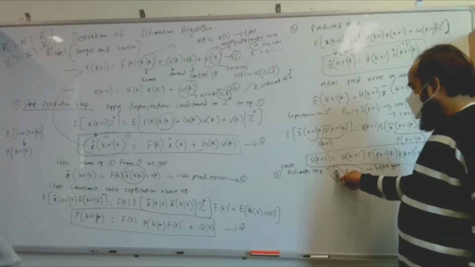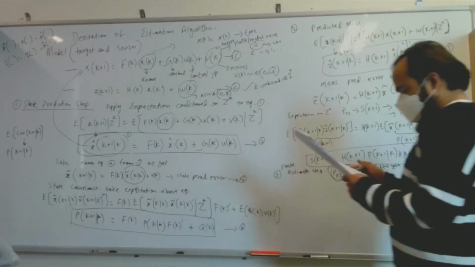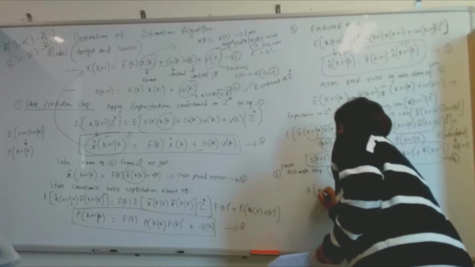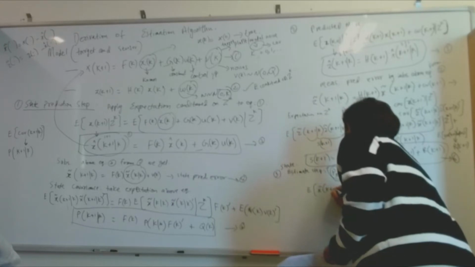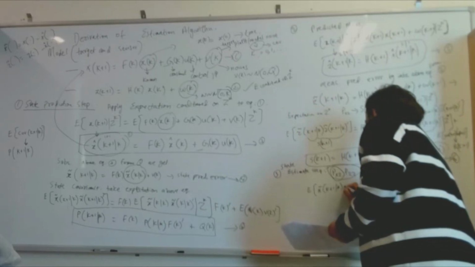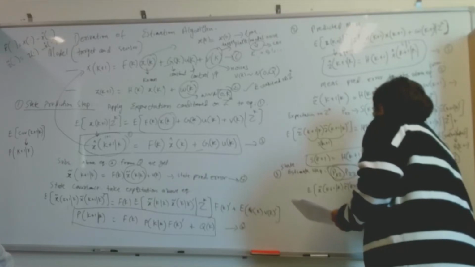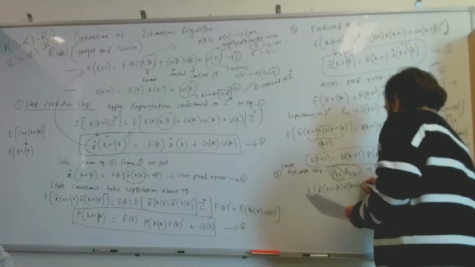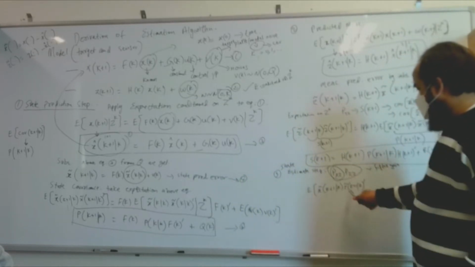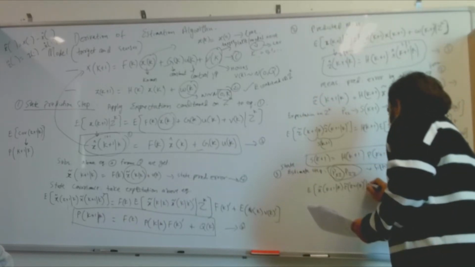And as this is the covariance, we use this notation: expectation of x k plus 1 and z k plus 1 transpose, because this is cross covariance, so we take this thing and this thing transpose, and condition on zk.